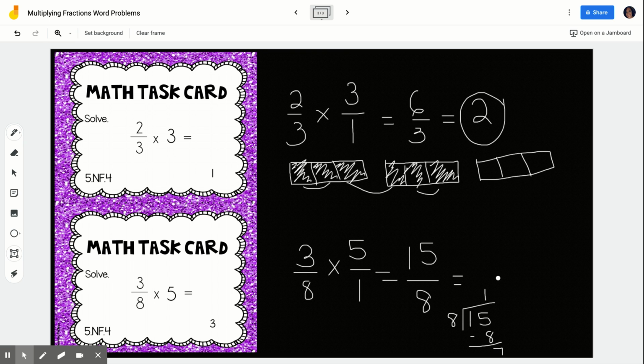Remember, our remainder when we're talking about fractions becomes our numerator. So the remainder always becomes the numerator, and that denominator, or the amount of pieces, is going to stay the same. So 15/8 is equivalent, or the same as, 1 and 7/8. That was an easy skill. Go ahead and work on the next few problems just like this.